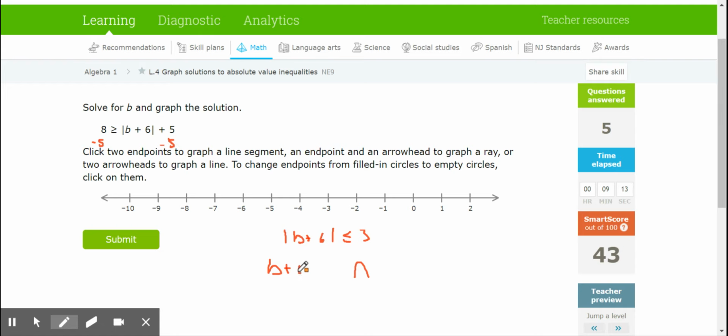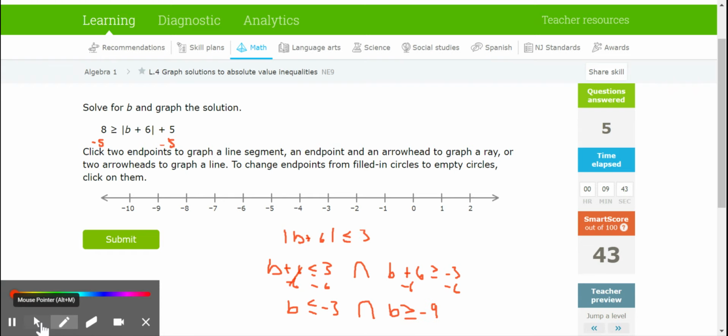B plus 6 is less than or equal to 3. B plus 6, never change what's inside. But now the mirror image of less than is greater than, and the mirror image of positive 3 is negative 3. Subtract 6 from both sides, and we've got B is less than or equal to negative 3, and B is greater than or equal to negative 9.